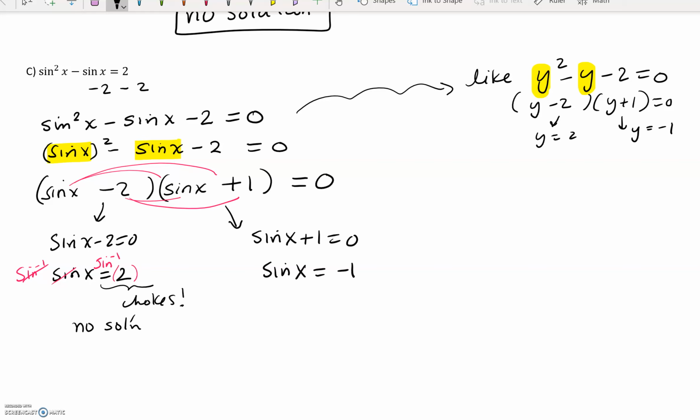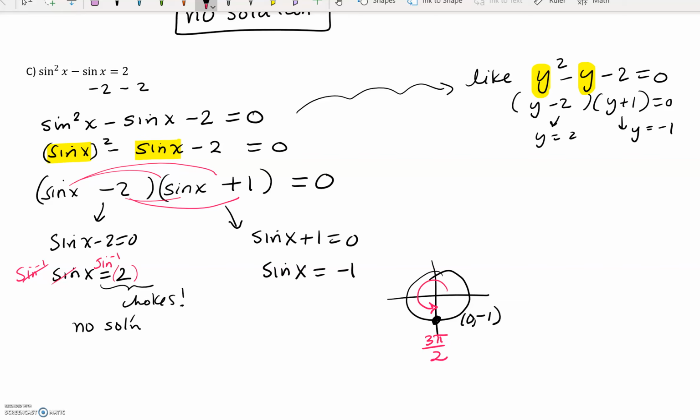But for this guy, we think of quadrantals because of that -1 value. So I can think of that as, if I want in the positive sense, 3 pi over 2. If you want it in the negative sense, you would go to -pi over 2. Your choice.